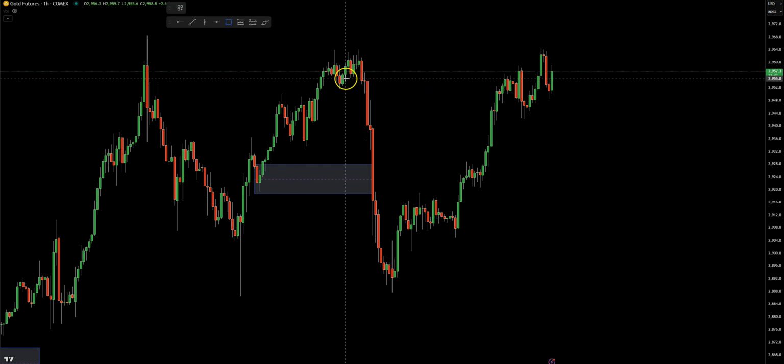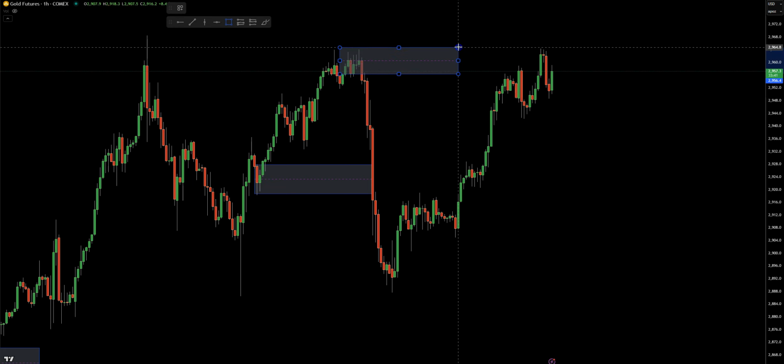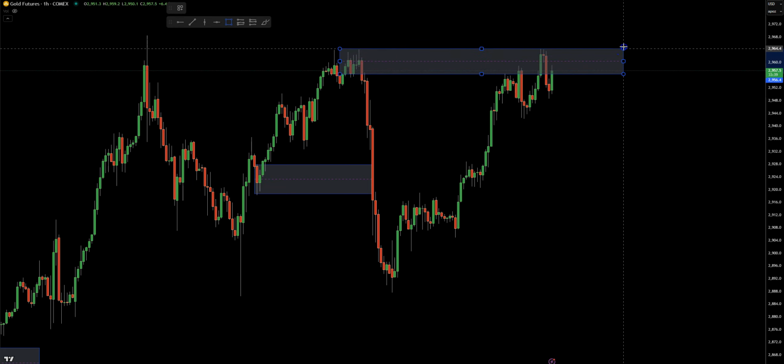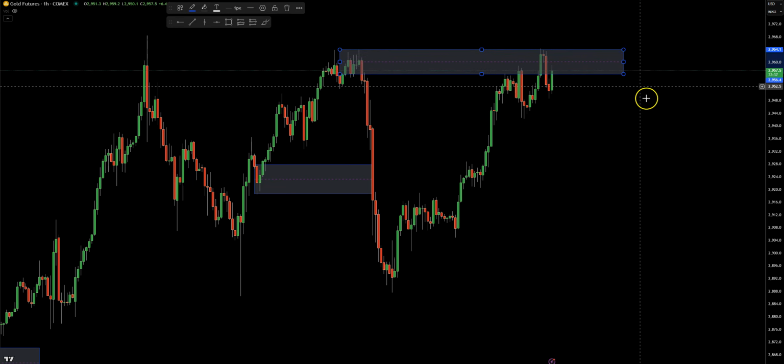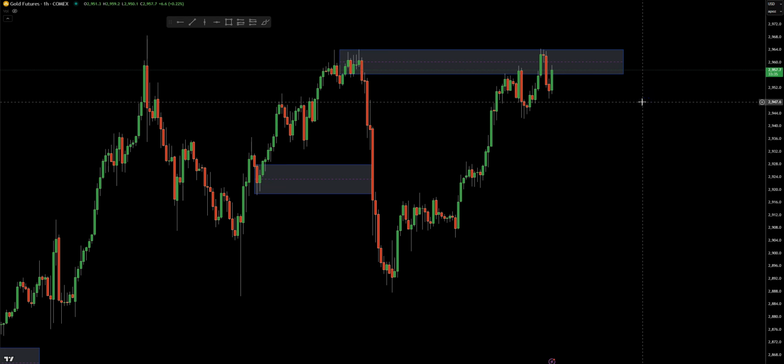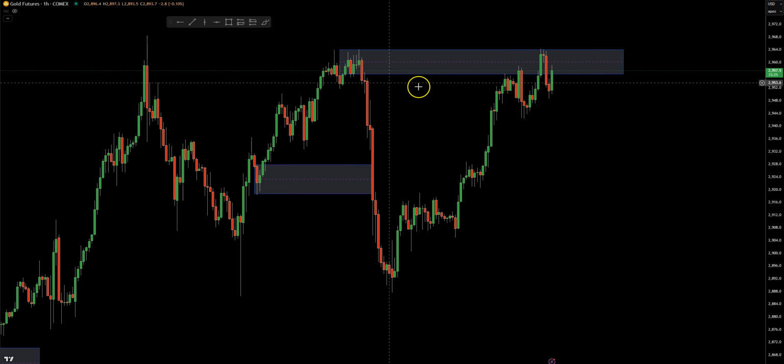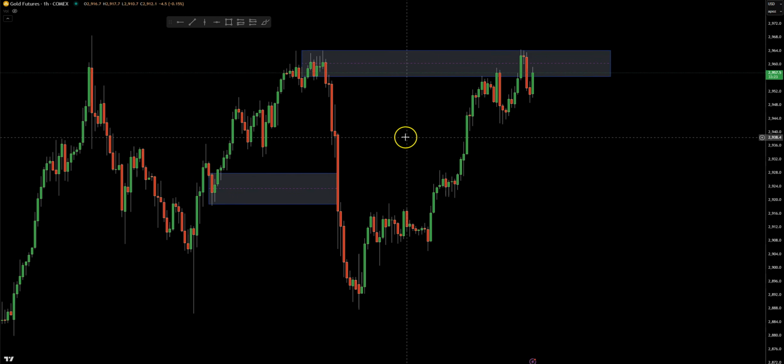Now, we're not done with this zone as far as what the reaction may be. And again, I'm just talking about the quality of what the zone does here, guys. I'm not even including the higher time frame perspective on this. But you look at this zone, and man, look at this.